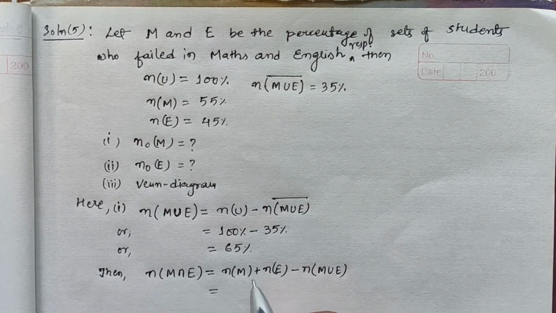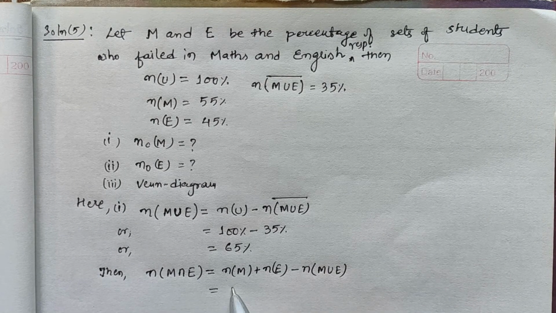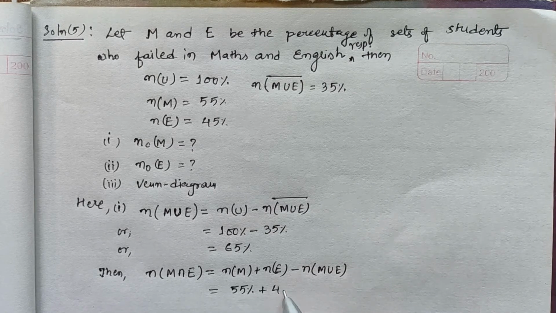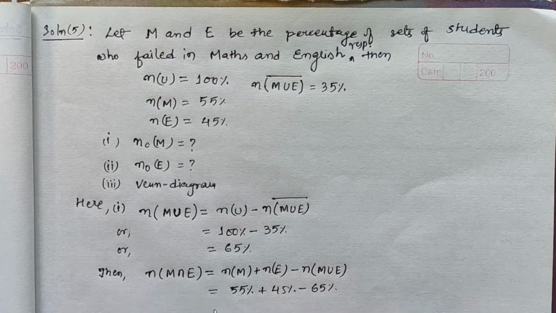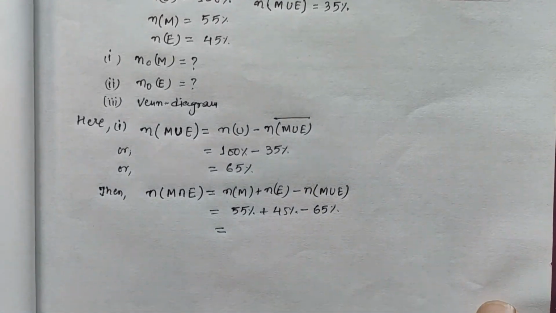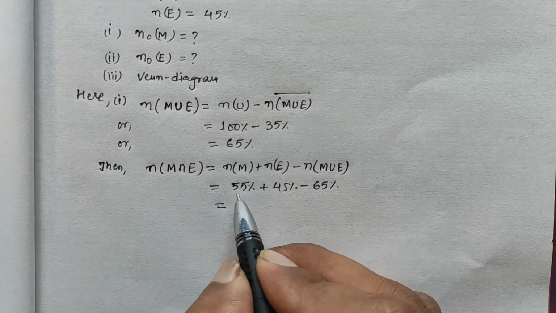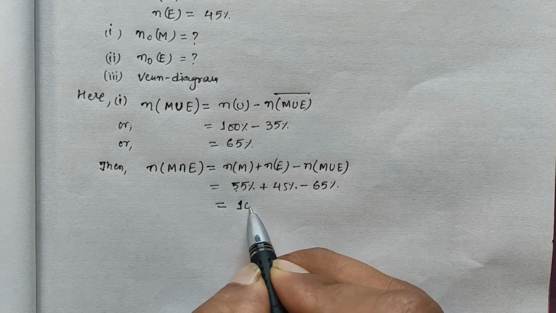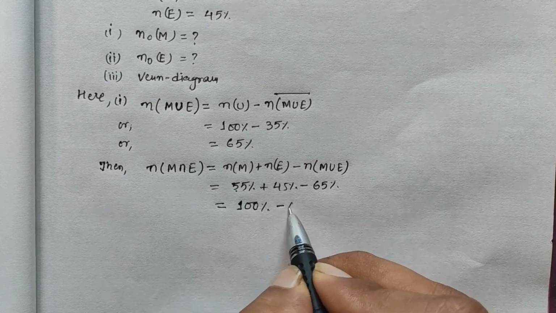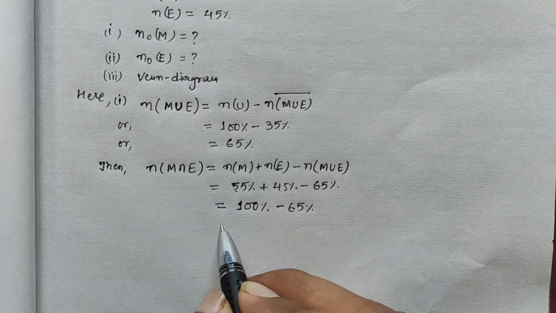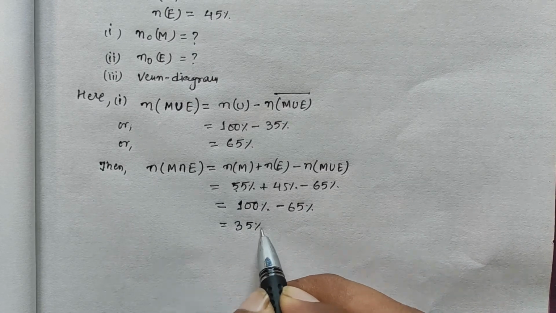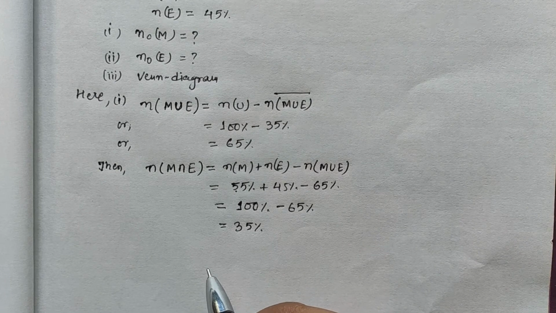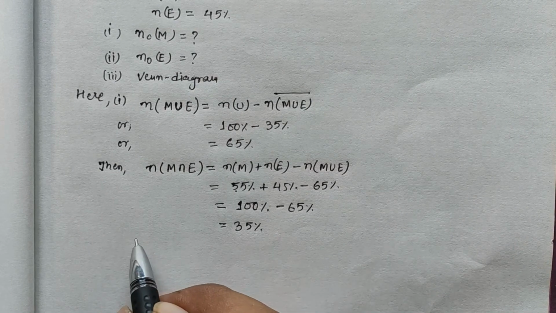N(M) is 55, N(E) is 45, and the union is 65. So 55 plus 45 is 100, minus 65. So the intersection is 35%.